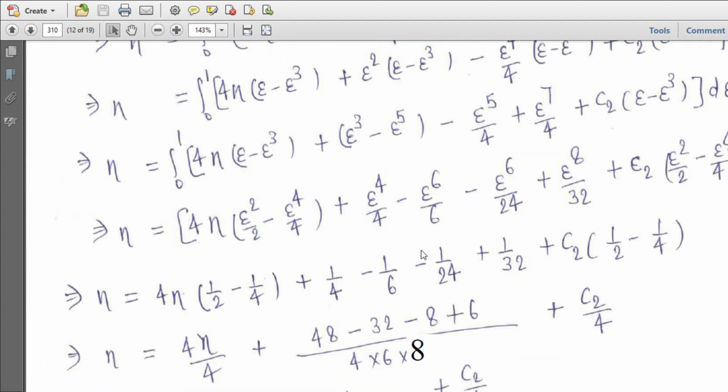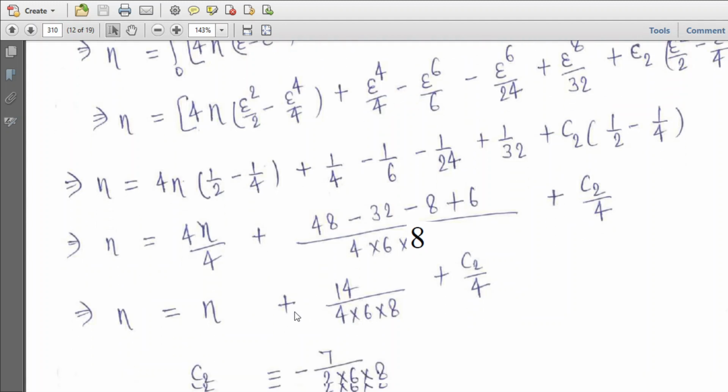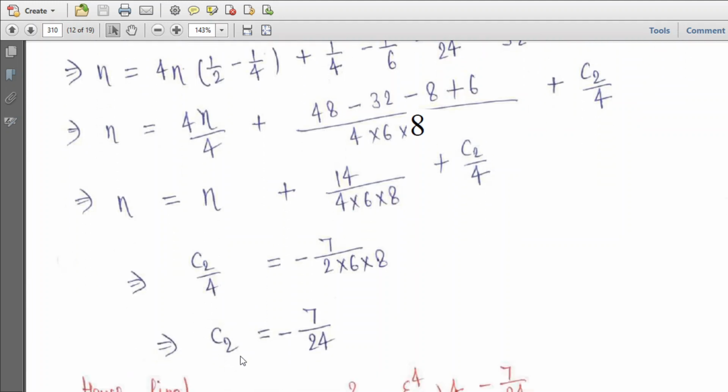Finally you will end up with eta equal to eta plus 14 upon 4 into 6 into 8 plus C2 by 4. From here C2 is coming out to be minus 7 upon 24.